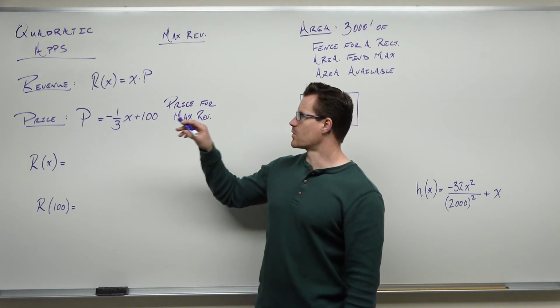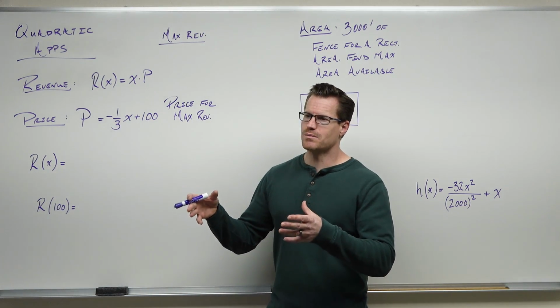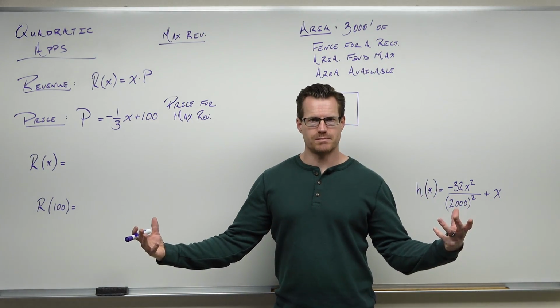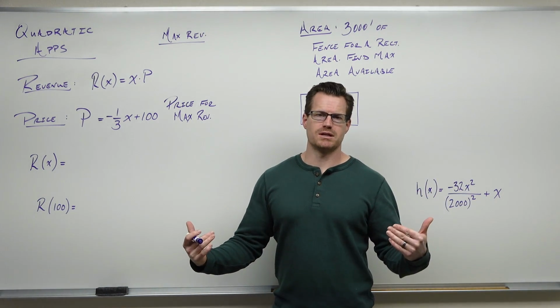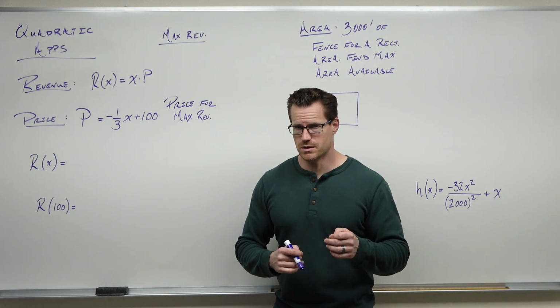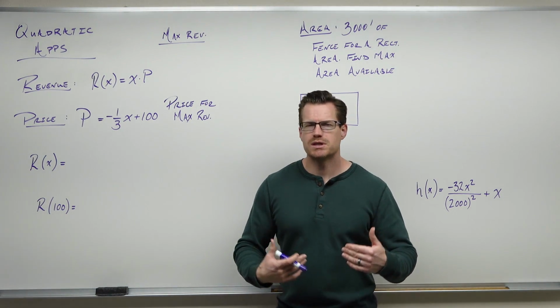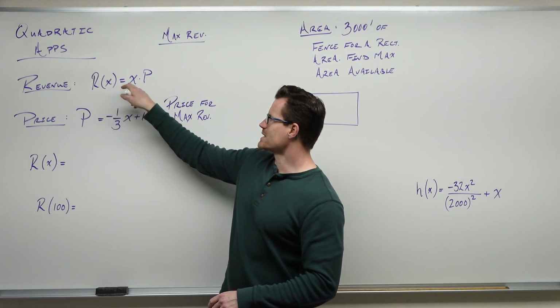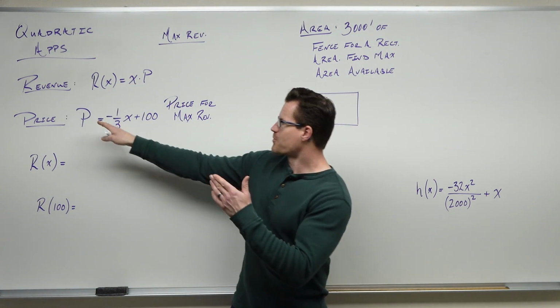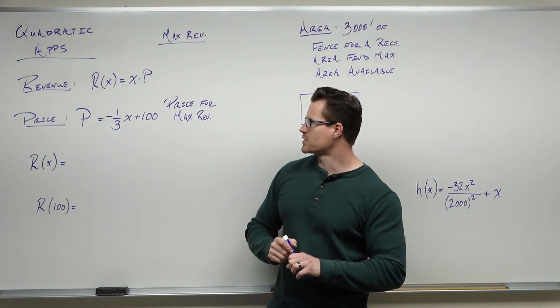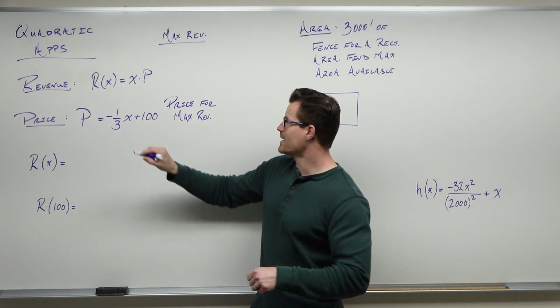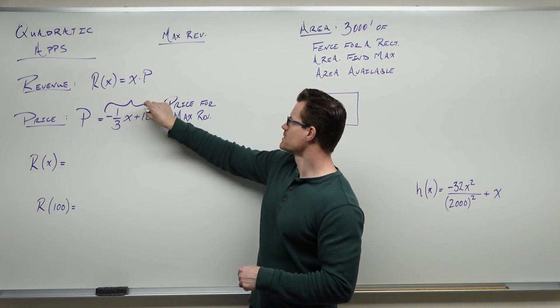So let's say that for our price, every single item that we put out in production causes the price to have to decrease. What we're going to try to do here is find the maximum revenue. So let's put these pieces together. If revenue is X times the price, and we have a price of negative 1/3 x plus 100, hopefully you see that I can do a very simple substitution.